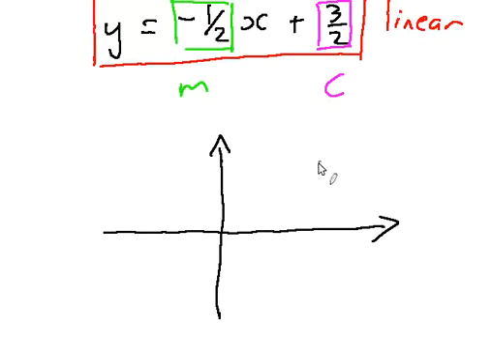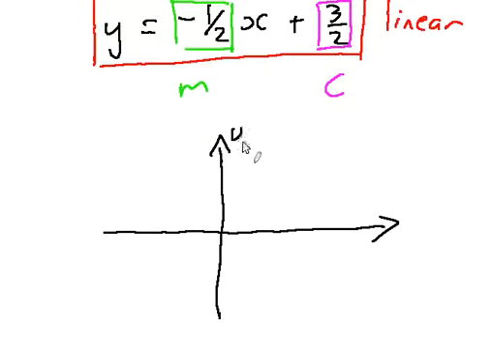This is a positive graph, so this is for positive m. This is for a negative graph, so when m is negative. So our graph is going to go down like this. If your graph comes out like that, you know you've done something wrong somewhere. Then the second thing we look at is c. Is c positive? Is c negative? Is c 0?